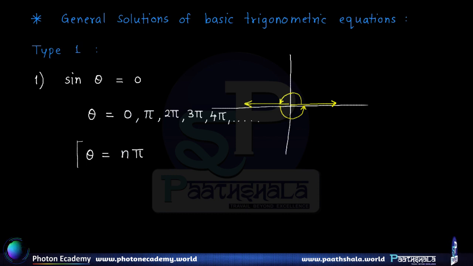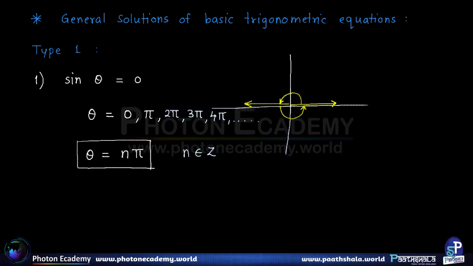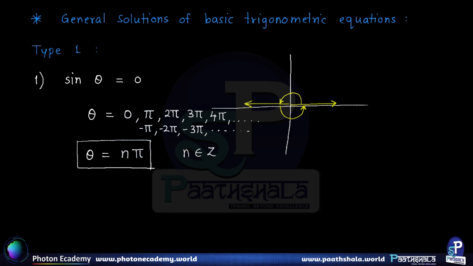That is the general solution. So theta is equal to n pi, where n is any integer. Whether it is plus pi or minus pi, plus 2 pi or minus 2 pi, plus 3 pi or minus 3 pi and so on, any integer multiple of pi will give the general solution of the equation sin theta equal to 0.